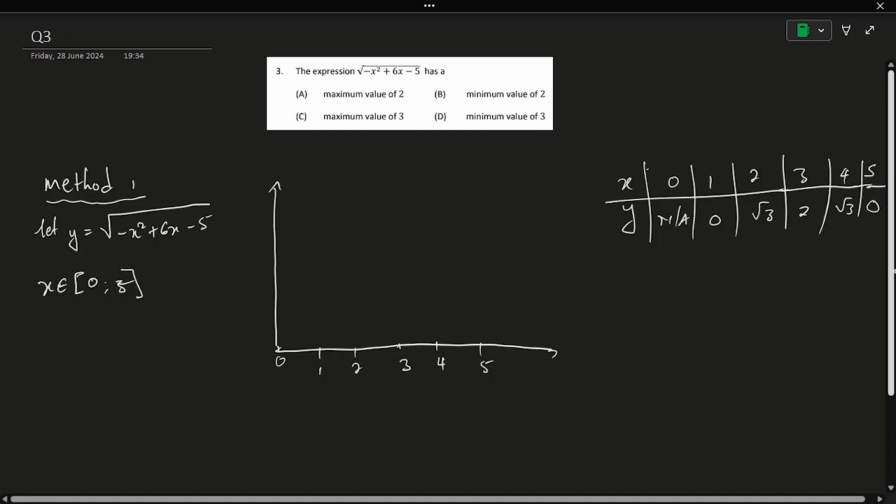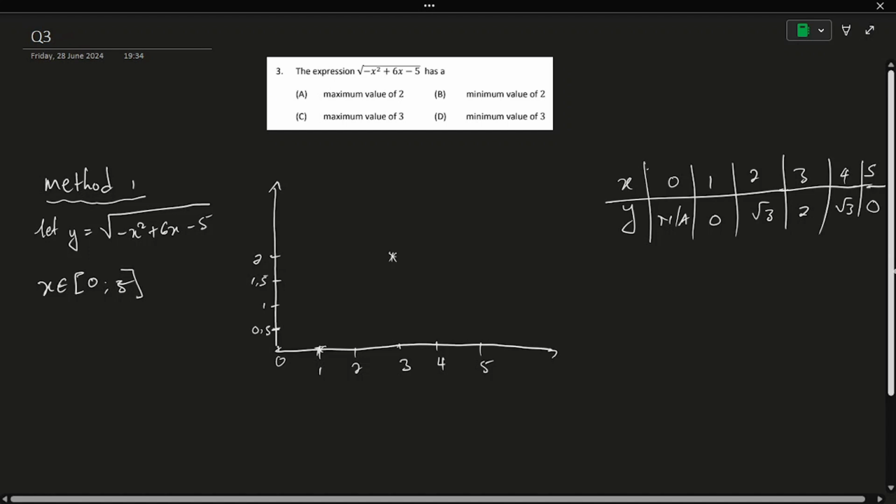Now we are going to try to plot this. Let's say this is 0.5, this is 1, this is let's say 1.5, and this is 2. So when x is 1, y is 0, and I'm going to skip these roots to save time, but when x is 3, y is actually 2, right?